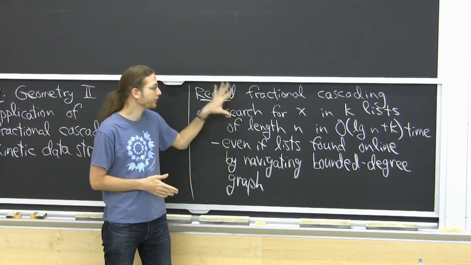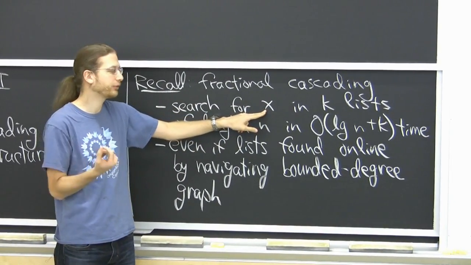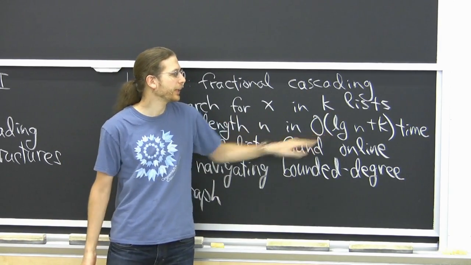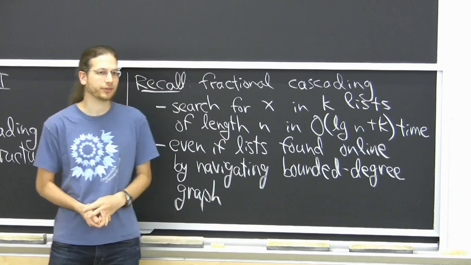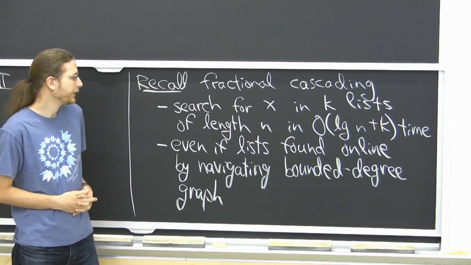So remember, in general, what it lets you do is search for a common element x, find its predecessor and successor in k sorted lists in order log n plus k time instead of the obvious k times log n, where n is the length of each list.